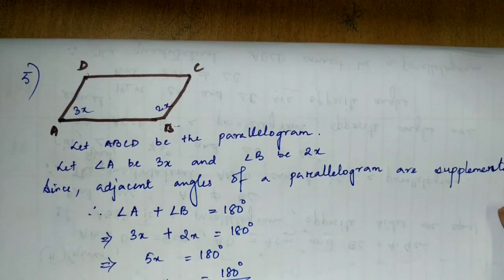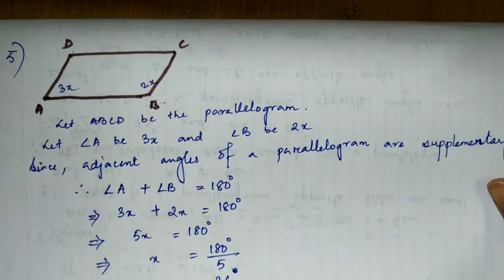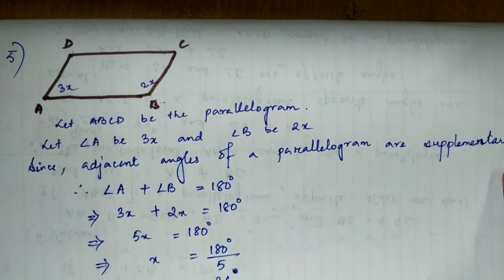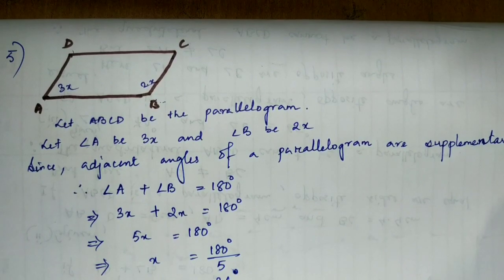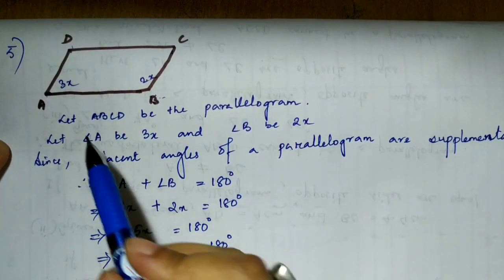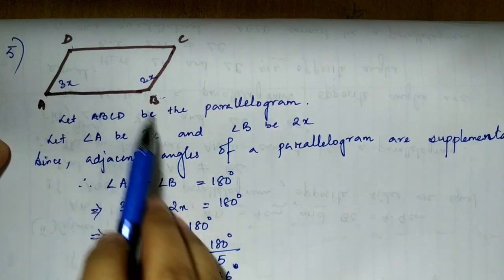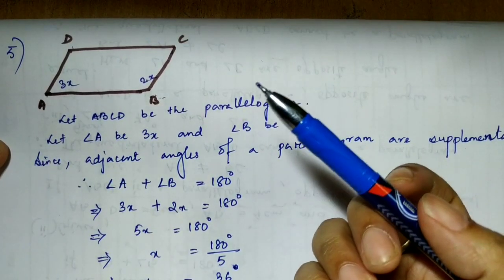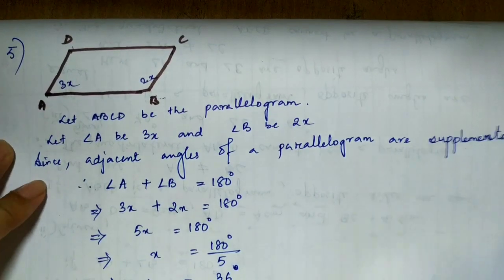Now in the next question, that is question number 6, it is given that the measures of two adjacent angles are equal and you have to find the measure of all the angles. So please draw any parallelogram ABCD or PQRS, but please don't write given. If the name is given that PQRS is a parallelogram, then obviously you will write given PQRS is a parallelogram.